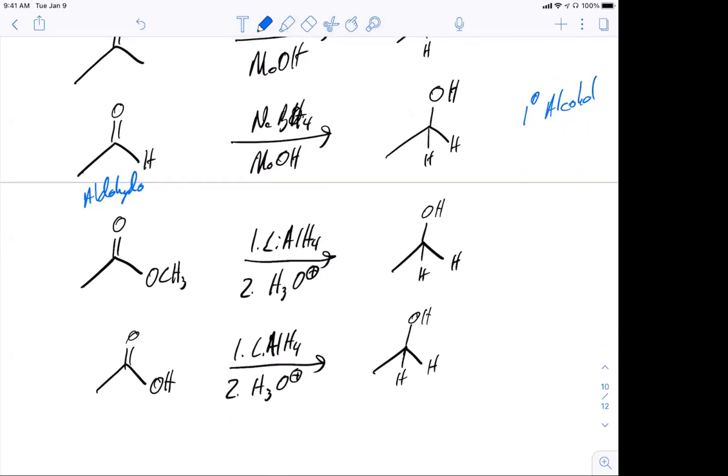An ester reduction with lithium aluminum hydride, remember sodium borohydride won't work, so we have to use lithium aluminum hydride. It's not reactive enough. It's going to give us a primary alcohol.